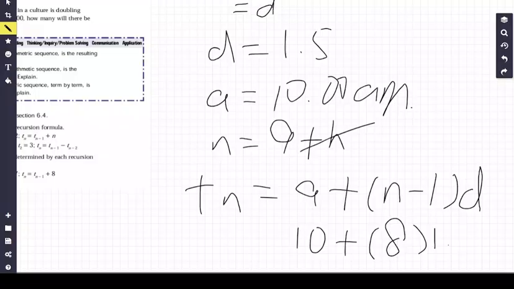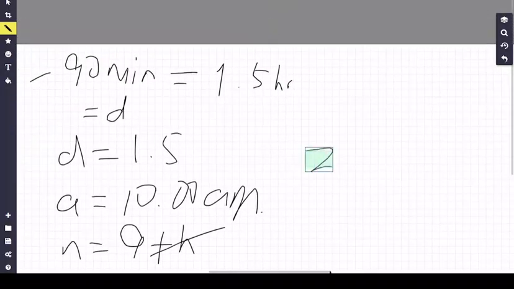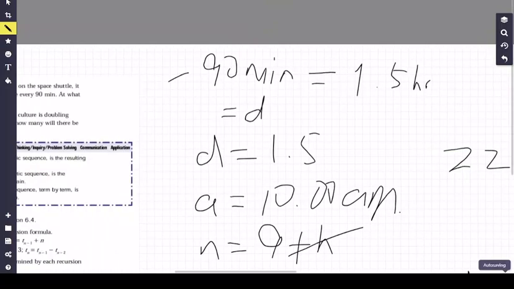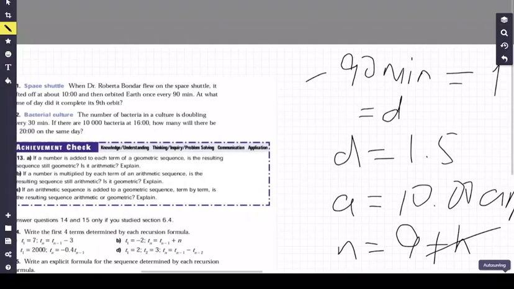And that is for you to find out. So 8 times 1.5. That is going to give you 12, plus 10, so 22. So at 10 p.m., that is how long you take.